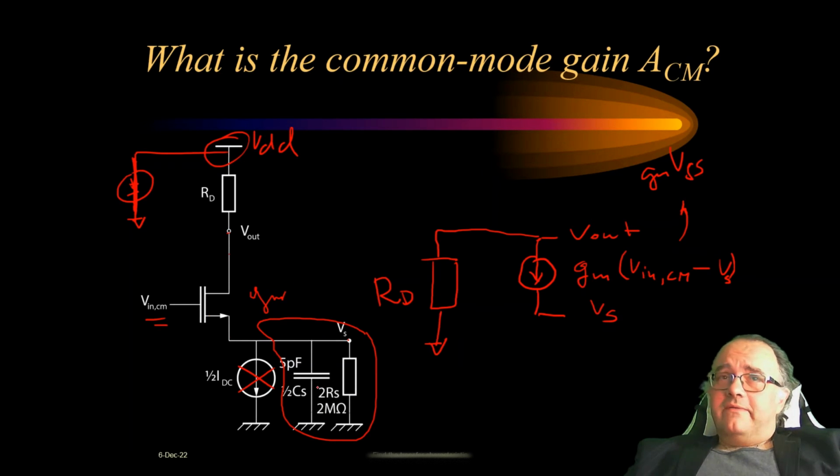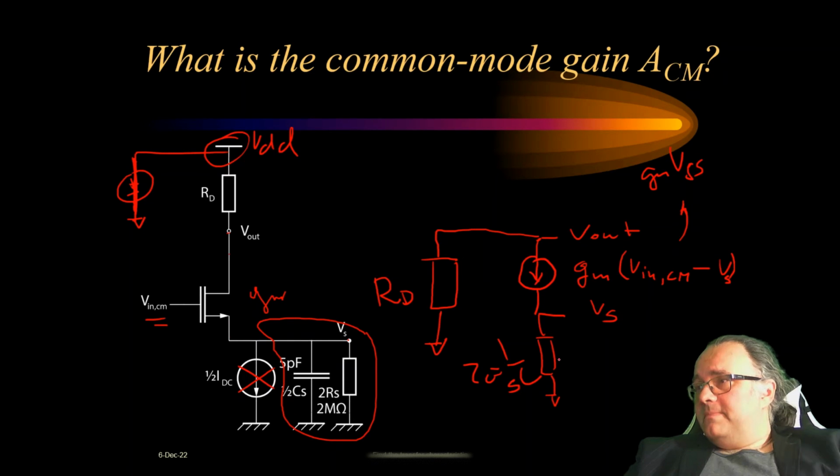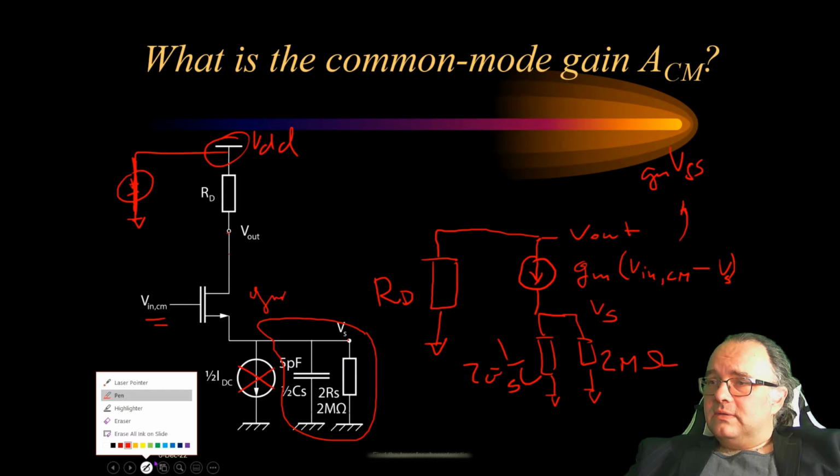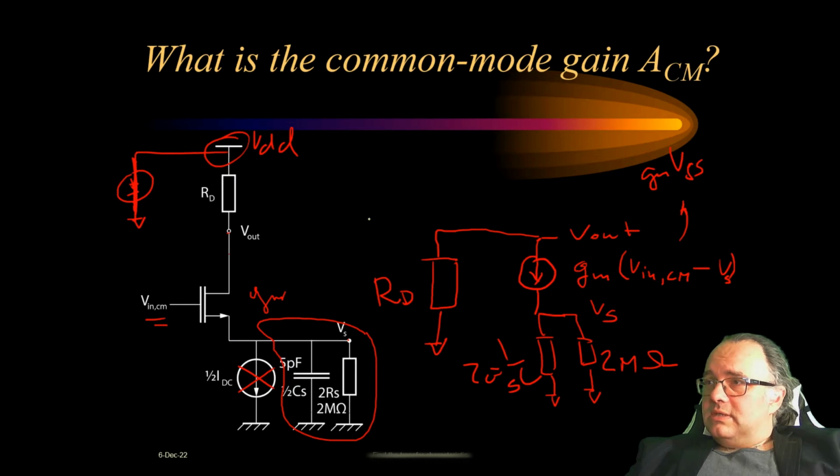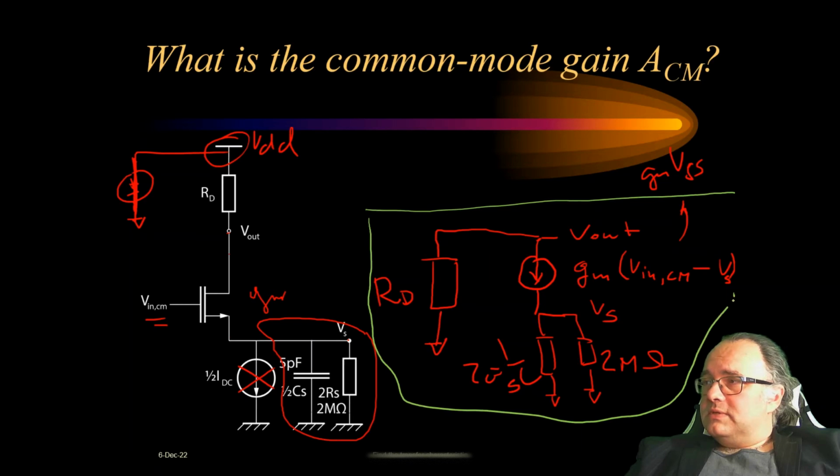And then we have, of course, the capacitance to ground, which can be modeled with its impedance ZC, 1 over sC, and we have the resistance of 2 megaohm. So this is the equivalent small signal circuit of this transistor level circuit.